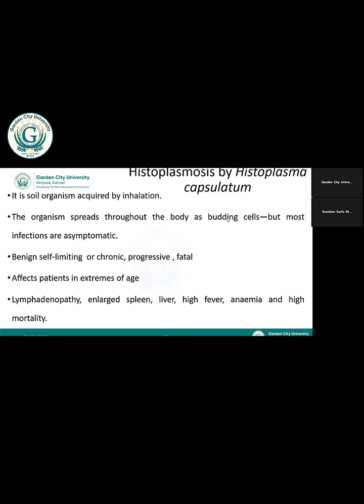So unlike binary fission, this one buds from the cells and gives rise to an independent fungal cell. And mostly they are asymptomatic, but they can spread to several sites of the body. Sometimes they are benign, but they can progress and become more fatal.